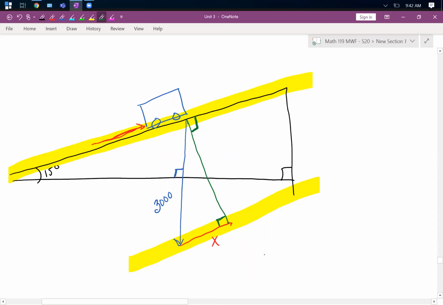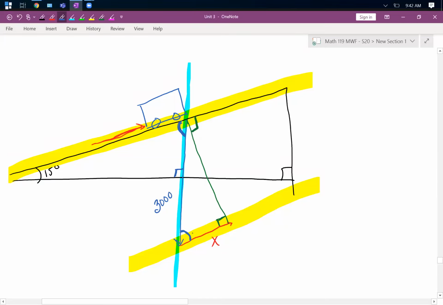All right, well, still looking at those two parallel lines, we have another vector that can be seen as a transversal, this blue one here. And again, alternate interior angles are congruent, which means that this angle and this angle would be the same.